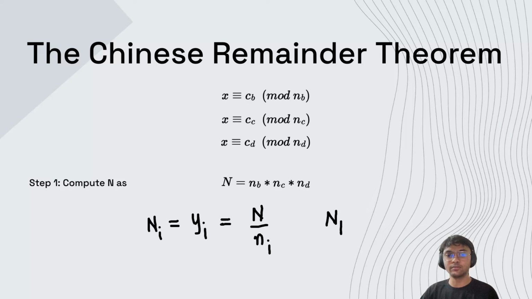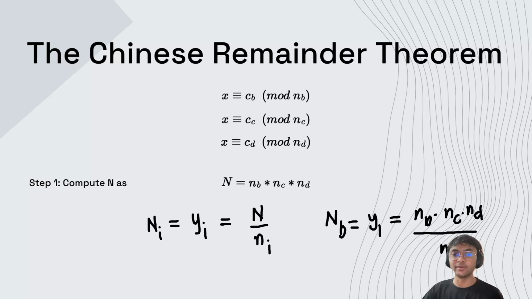So Nb, which in our expression would be y1, is computed as nb times nc times nd over nb. So we are left with nc times nd, and that's our y1. That's our Nb.